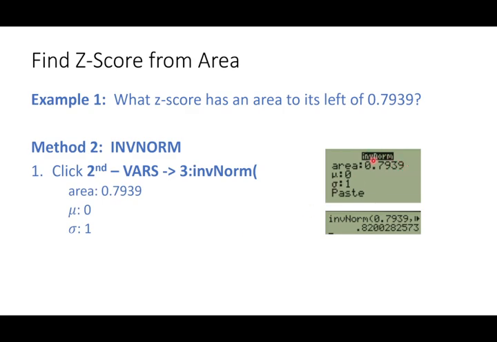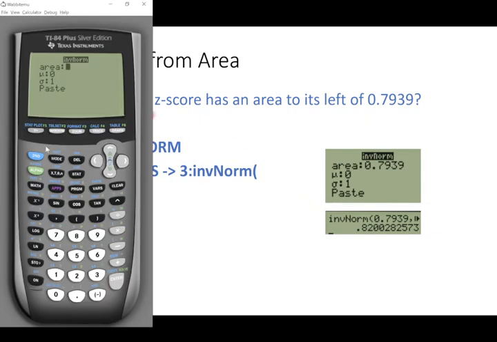So here's the example, our area to the left, and it's a z-score, so we put 0 and 1 as the mean and standard deviation. So that is my z-score.